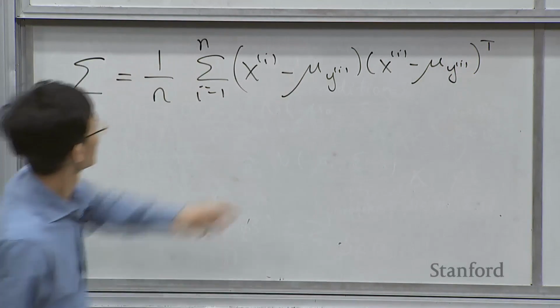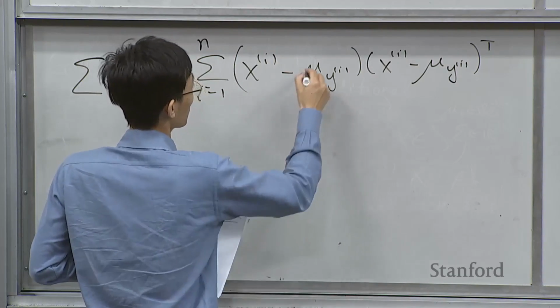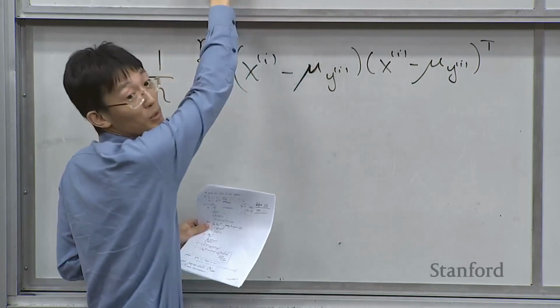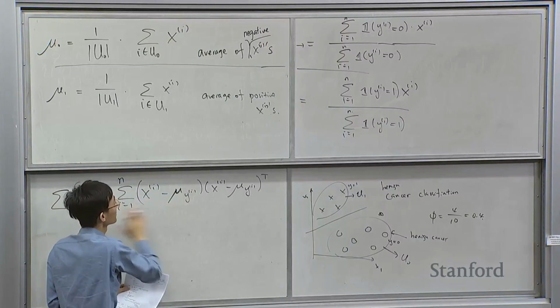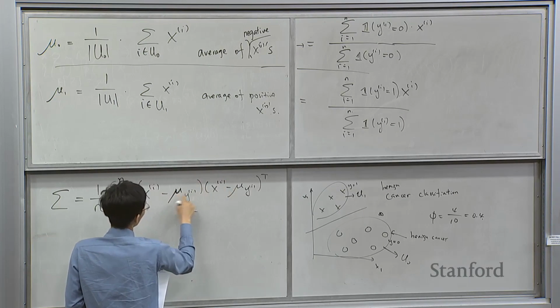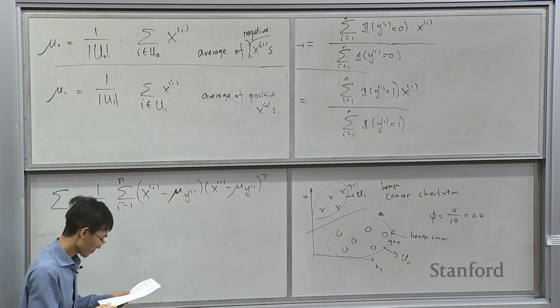So what is this mu? This mu is the mu we have computed above. You have to use the mu you computed above to compute sigma. And mu yi could be mu1 or mu0, depending on what yi is.